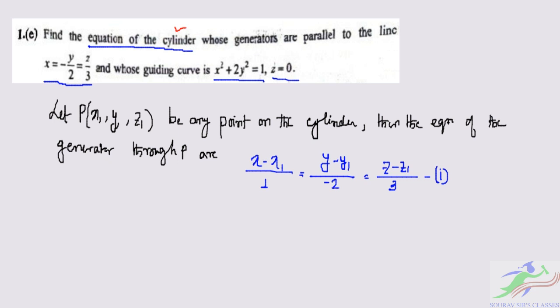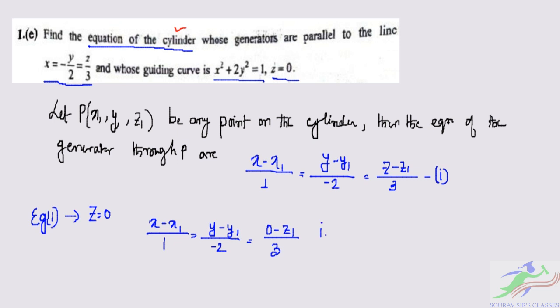So this generator meets the plane z equal to 0 in the point given by x minus x1 by 1 equal to y minus y1 by minus 2 equal to z minus z1, that is 0 minus z1 by 3, right?